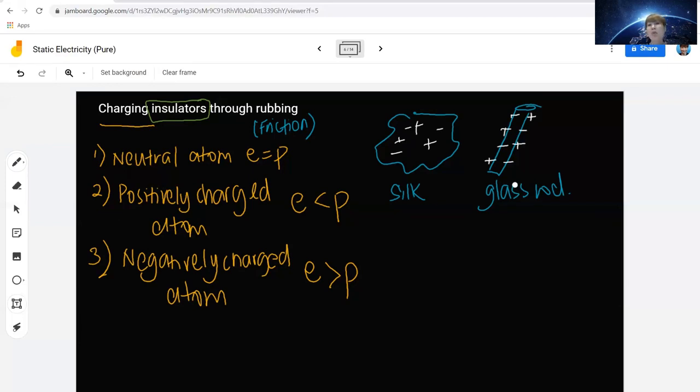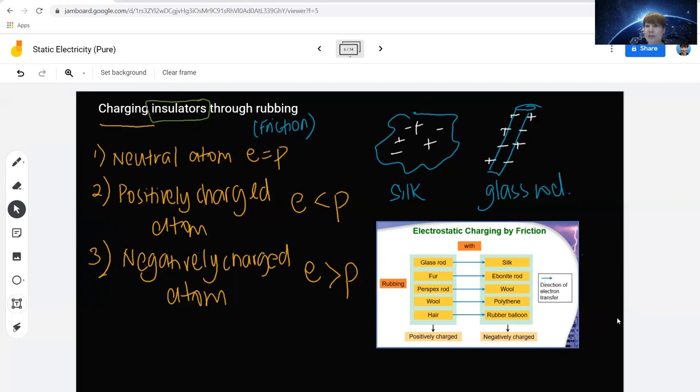When you rub the silk and the glass rod together, electrons are going to be transferred. If you see this slide I've included, you realize that some materials give away electrons more easily than others. For example, in the first combination between glass and silk, after the glass is rubbed with the silk, the glass becomes positively charged and the silk becomes negatively charged.